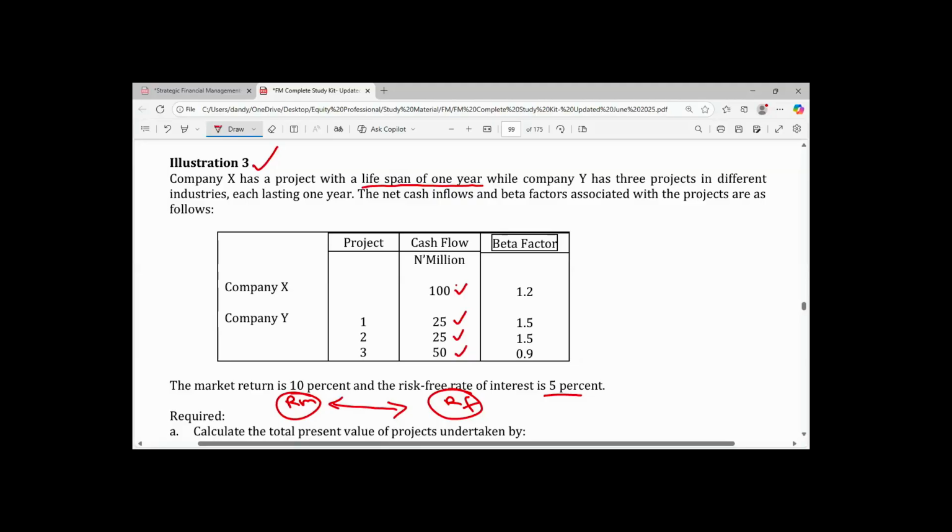So we are going to use the capital asset pricing model to calculate cost of equity, right? The beta factor of each security is also given. Therefore, I will stop sharing this and quickly move to the working notes. Let's see how we are going to turn it around.